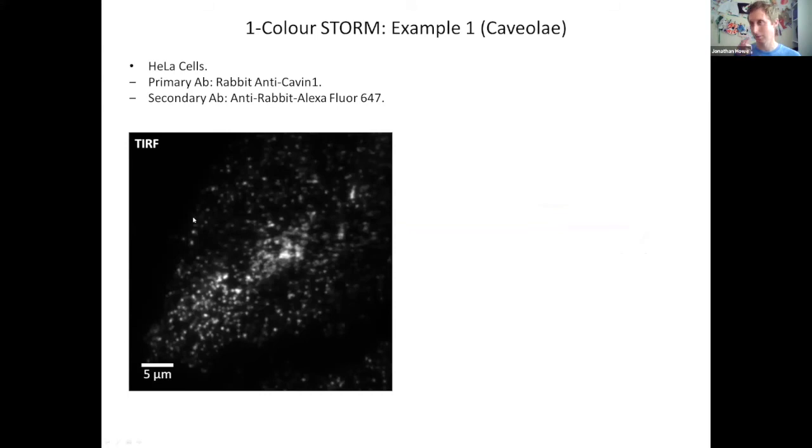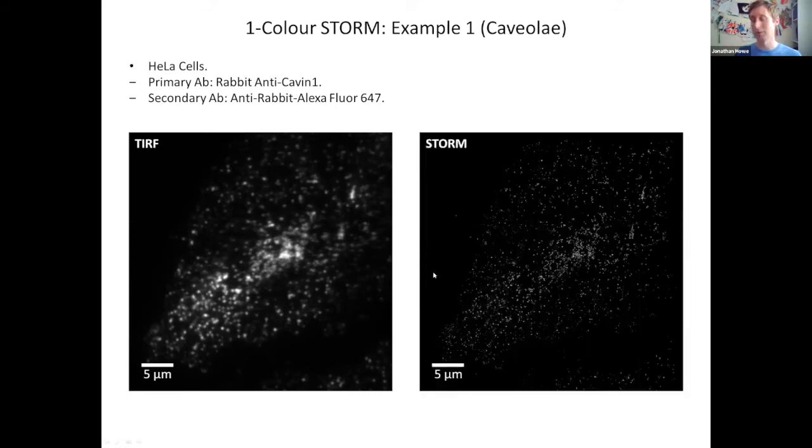This is an image of HeLa cells labeled for cavin-1, which is a caveolae coat protein. The secondary antibody I used here is Alexa647. So this is the TIRF image, and then on the right is the STORM image. Hopefully you can see over Zoom that the dots in the STORM image are much, much smaller.